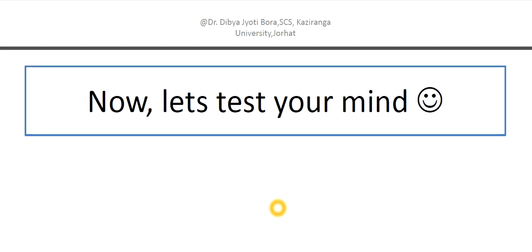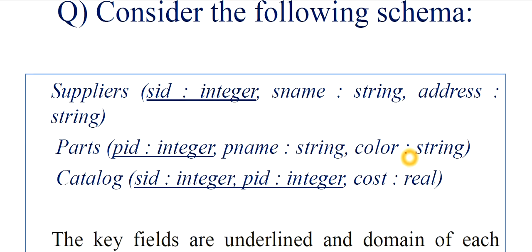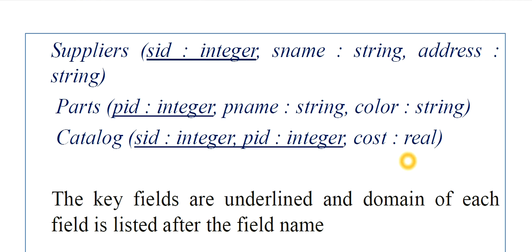Now let's test your mind. I am coming to today's question. First consider the schema. You better take a screenshot. We have suppliers: SID integer, S name string, and address string.